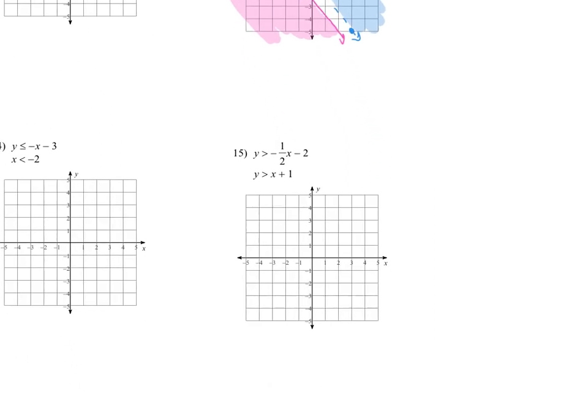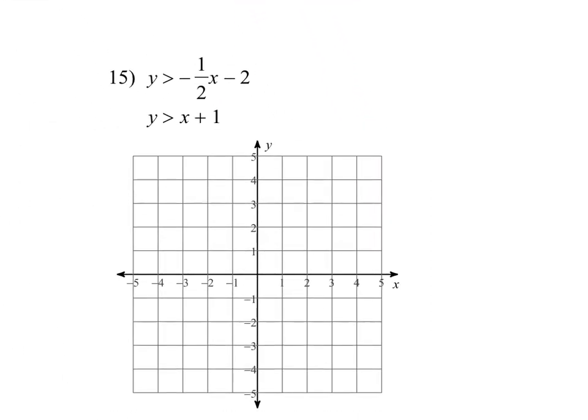Okay, so let's look at 15. For our first equation, what's our y-intercept? Okay, negative 2, so we put a point at negative 2. What's our slope? Negative 1/2. So that means we go down 1 to the right 2.